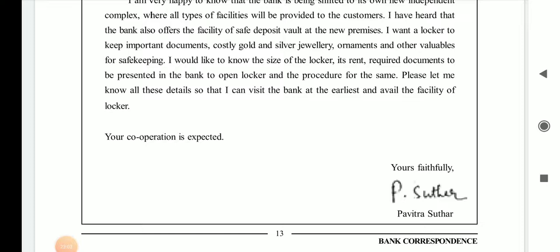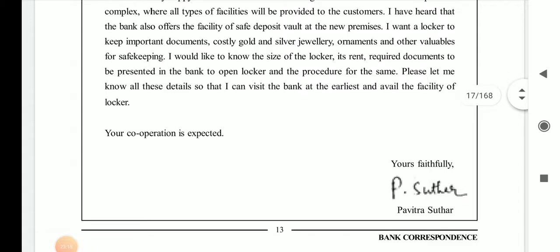I would like to know the size of the locker, its rent, the documents required to be presented in the bank to open a locker and the procedure for the same. That means the lady wants to know the locker size, the locker's rent, the required documents and the procedure for the same.